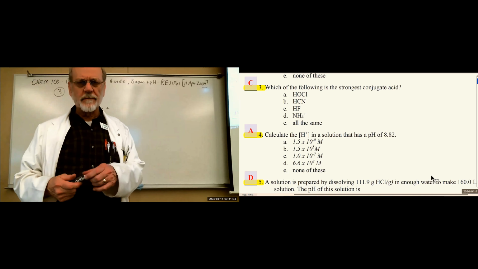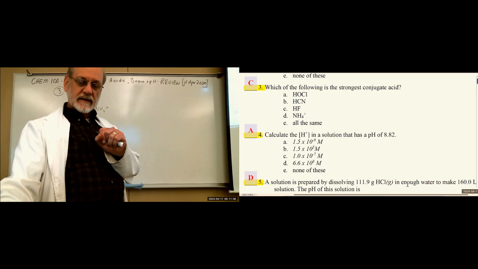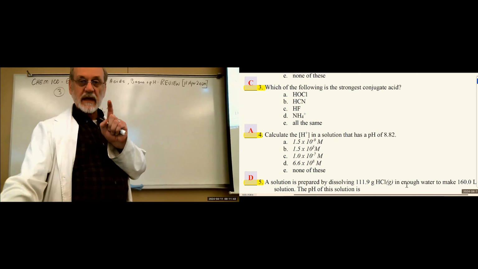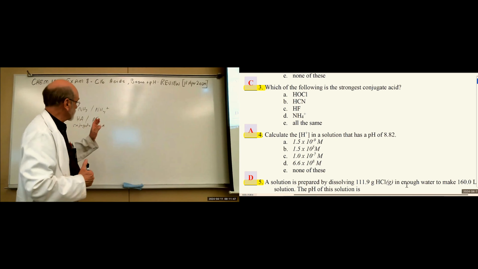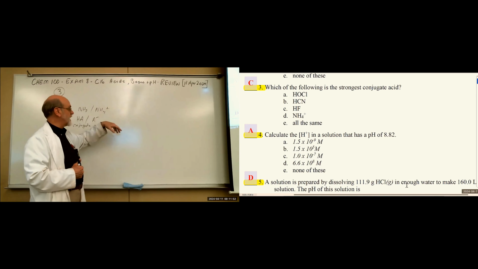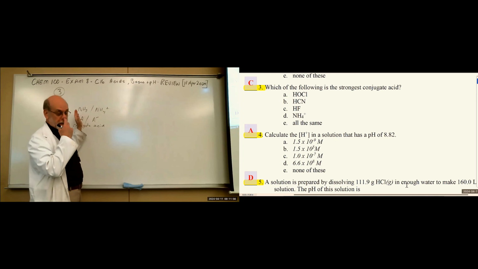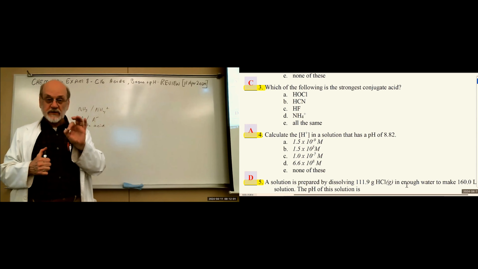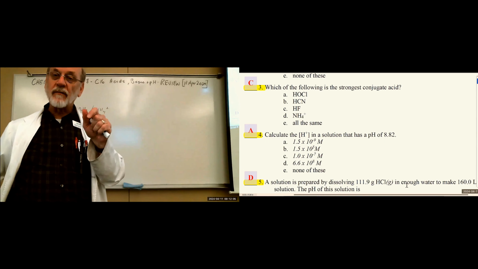Let's see what our choices are. I am detecting from the nature of this question that the creator of the question is looking for this side of the equation. This is the conjugate side. This is the non-conjugate side. This is the reactant side. So the conjugate acid would have to be able to donate a proton, but it would have to be derived from a base.